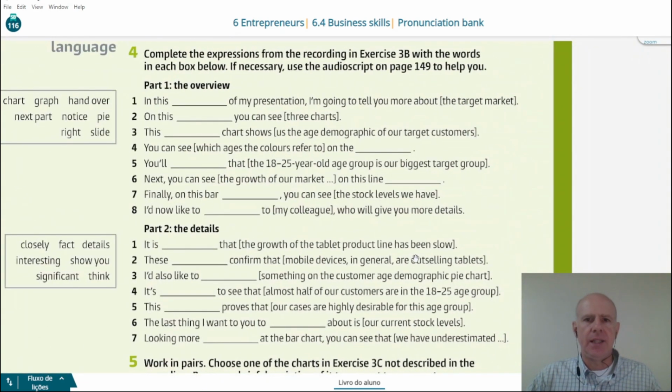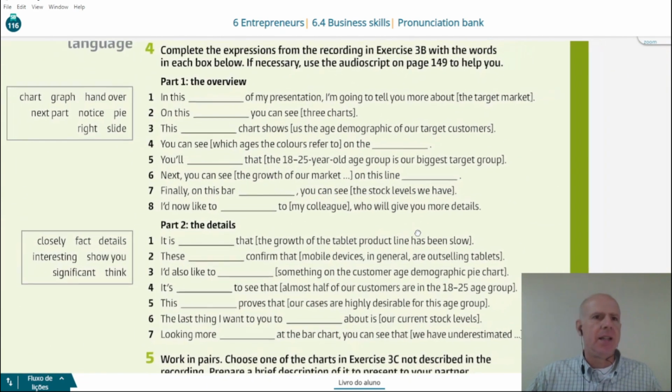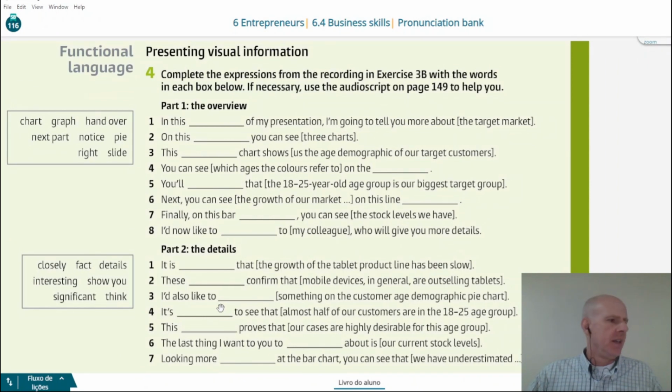Good. Let's go back, and then you can refer to on the right. You'll notice that the 18 to 25-year-old age group is our biggest target group. Remember, it's in the singular.